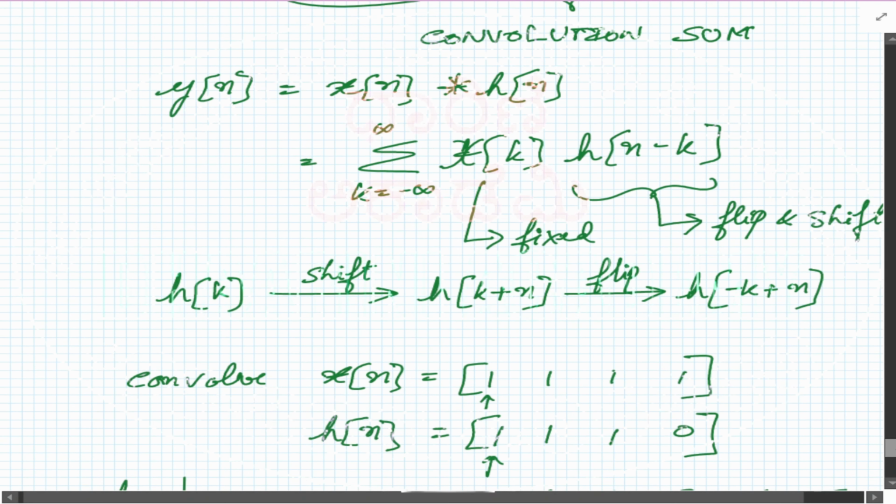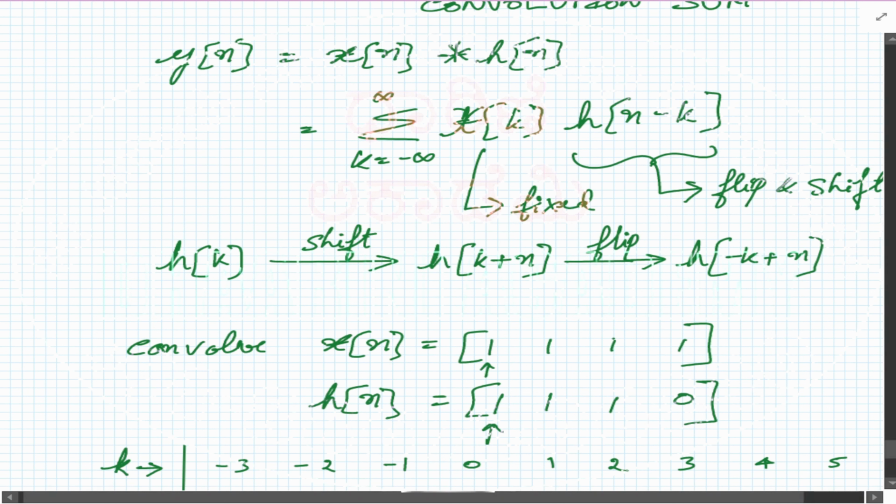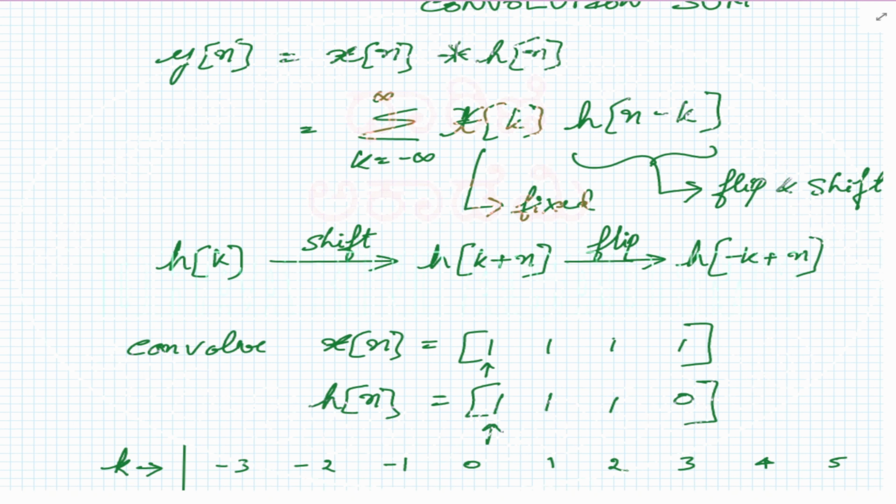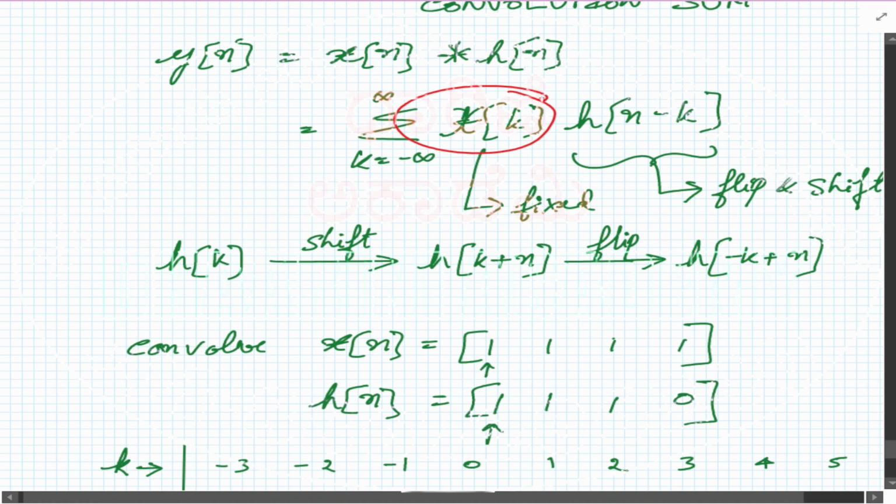Let me go back to the equation of convolution. Right now what I have is x of k. I don't have h of n minus k. I have simply h of k. But I want h of k to be converted into h of n minus k. What are the operations you are going to perform? Flip and then shift.